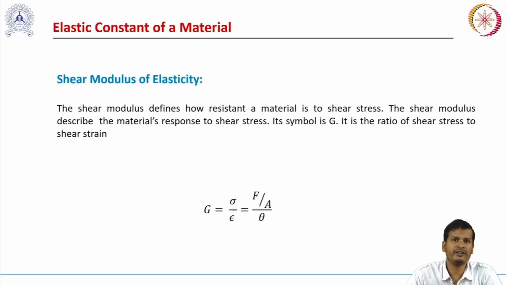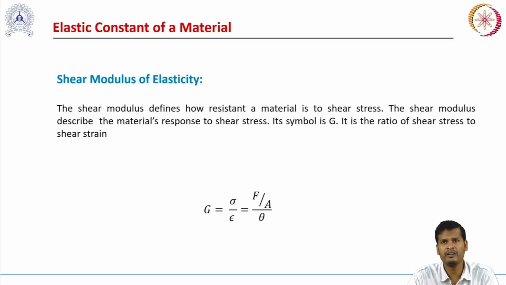Similarly, we can also define the shear modulus of elasticity. The shear modulus of elasticity defines how resistant a material is to shear stress. In the same way, the Young modulus of elasticity defines how resistant a material is to applied tensile or compressional stress.